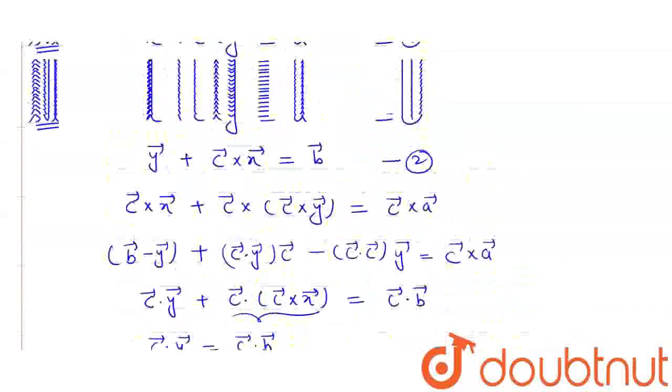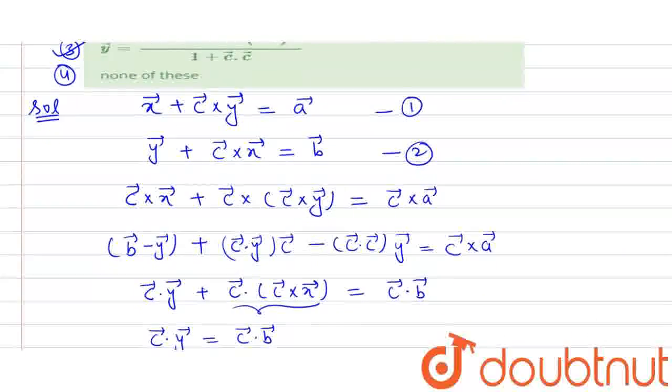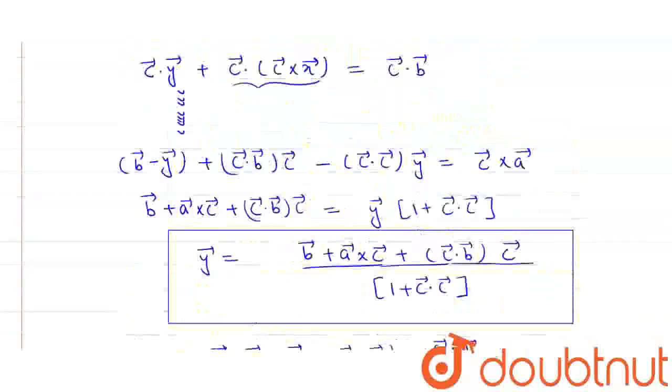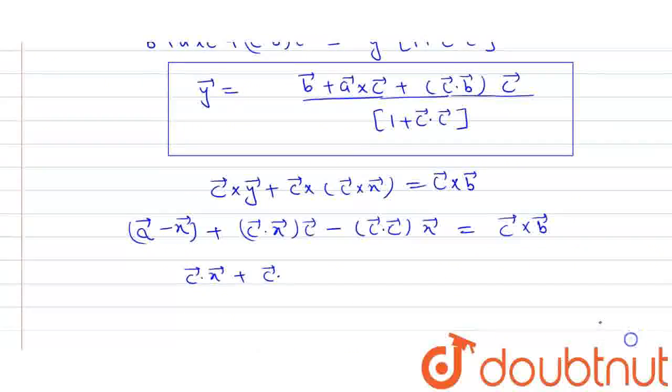Now pick up the first equation and take the dot product with c vector. So c vector dot x vector plus c vector dot c vector cross y vector is equal to c vector dot a vector.